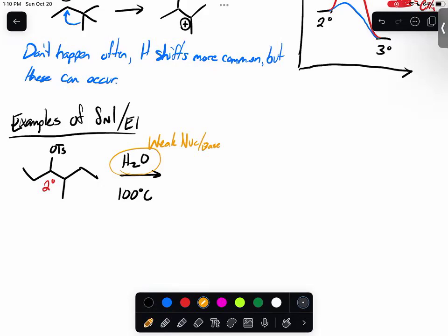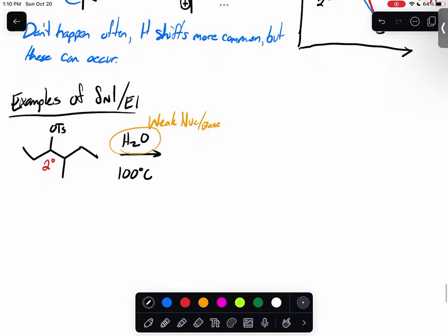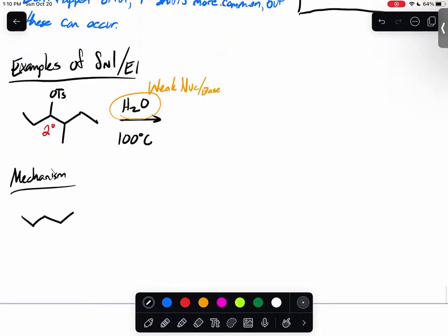And so what we're going to see is that in our mechanism for this, it will be able to perform both SN1 and E1, right? First step of both of these reactions is that that leaving group is going to leave, right? Remember that this OTs is practically a sulfuric acid analog. So if it leaves, we end up with a carbocation that's in that secondary position.